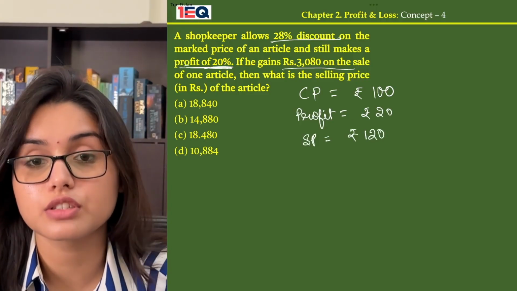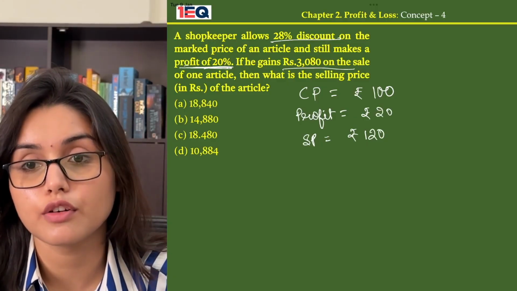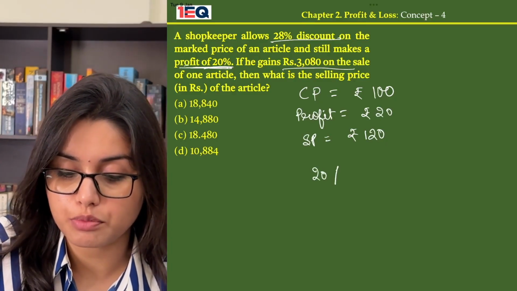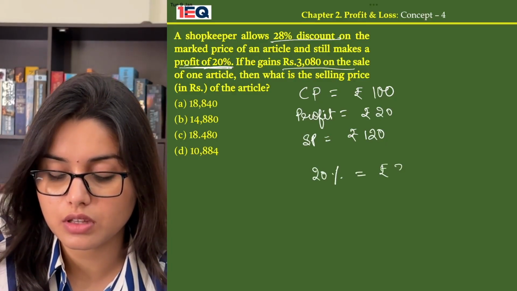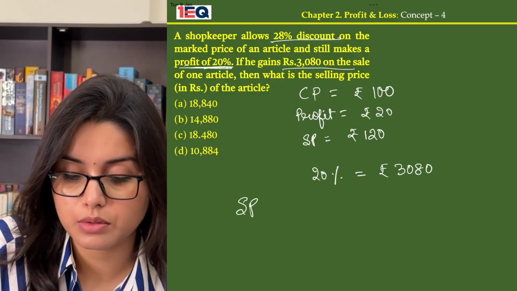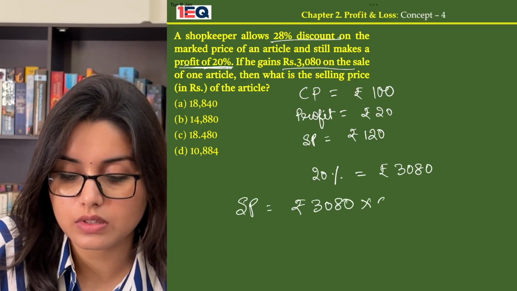Now, given in the question, we know the profit percentage is 20 and the amount of gain is rupees 3080. That means 20% of profit is equal to rupees 3080. Then my selling price will be rupees 3080 into 6.